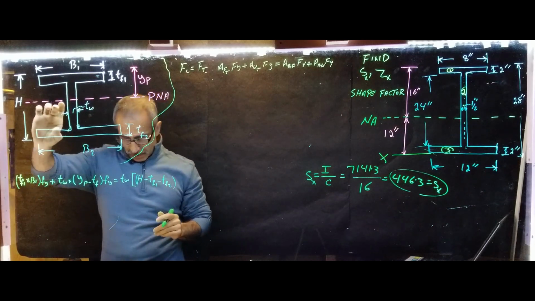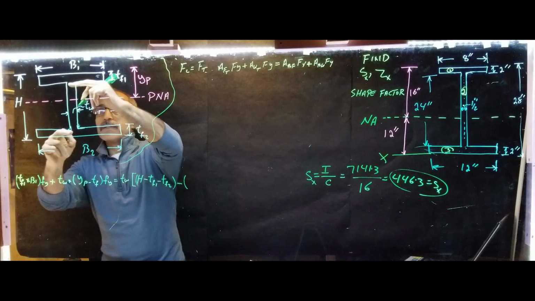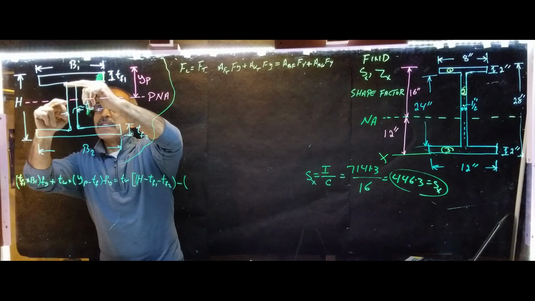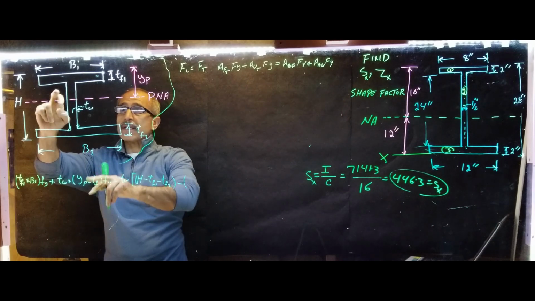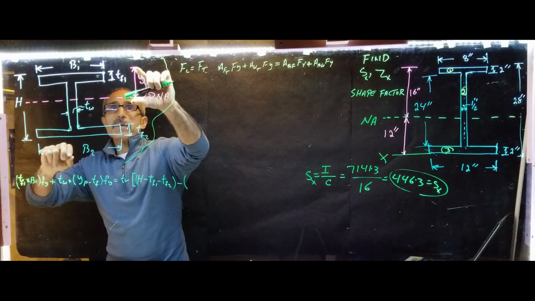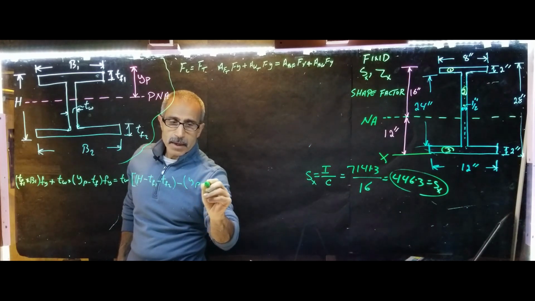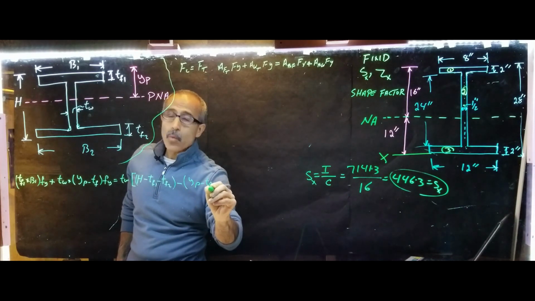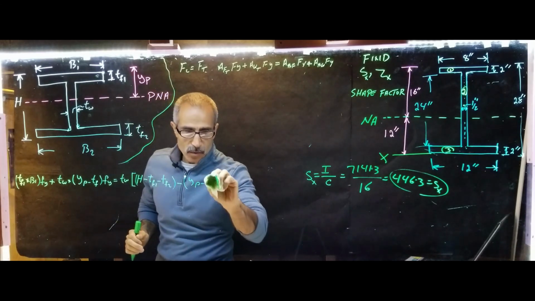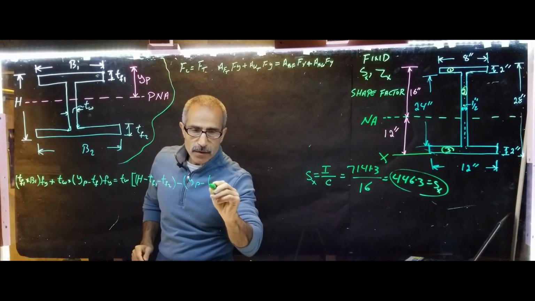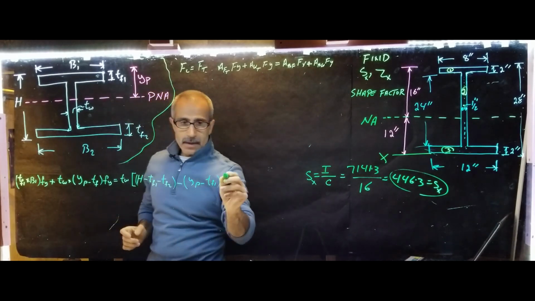I have to take this out too, and this distance we already calculated, we said it was YP minus TF1. So minus (YP minus TF1). Okay, we're good, and then we close this out.